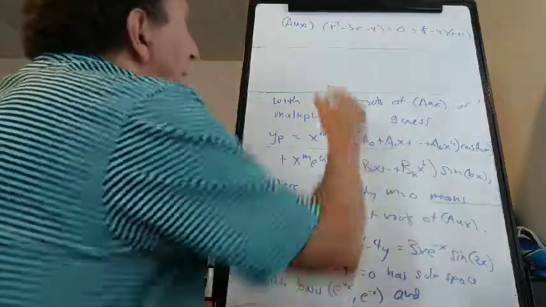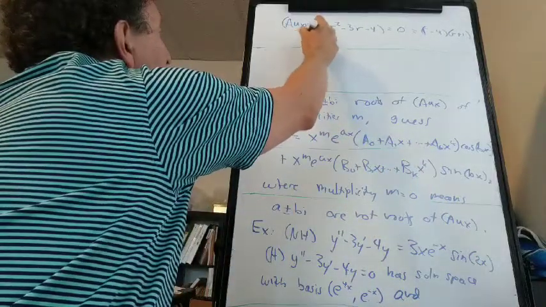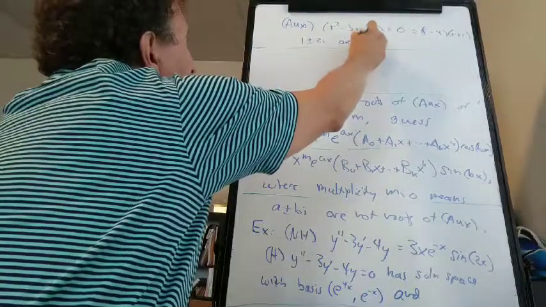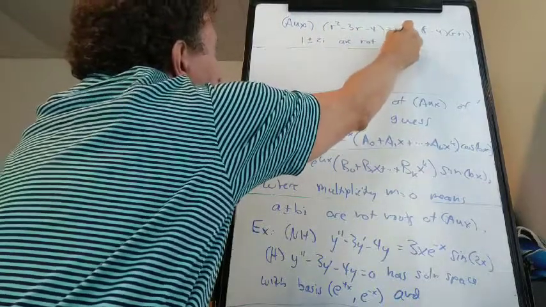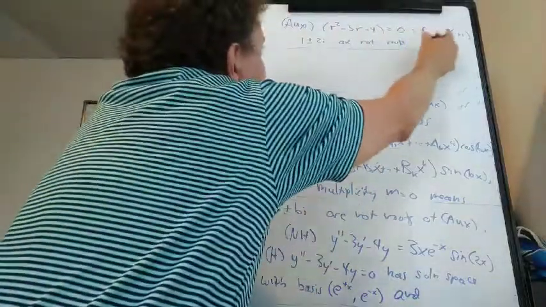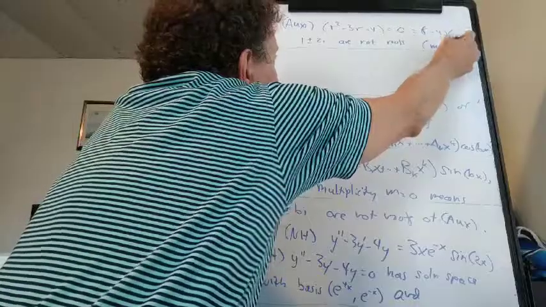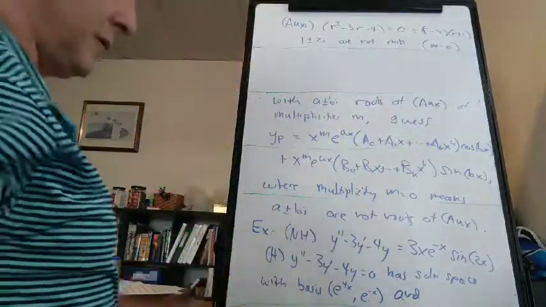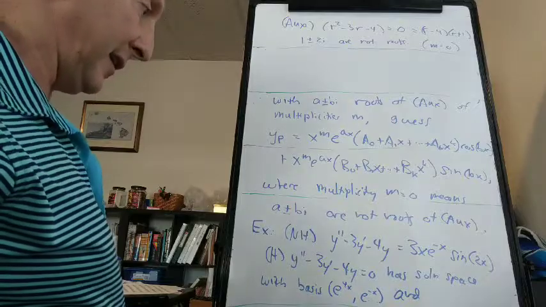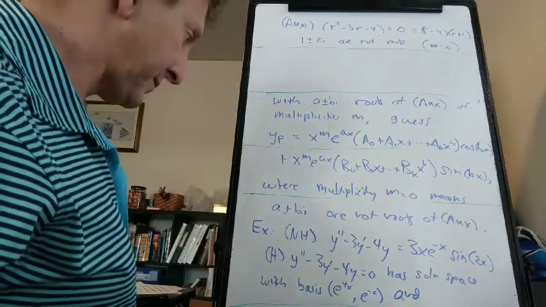Now 1 plus or minus 2i is not a root. There's not two roots. 1 plus or minus 2i are not roots. So m equals 0 in this case. There's nothing here appearing with multiplicity in the auxiliary equation.